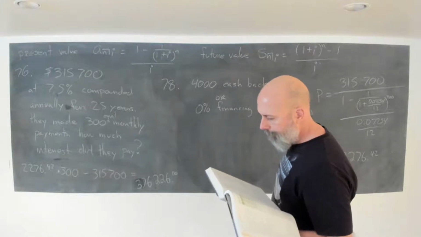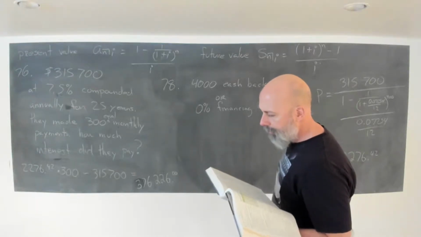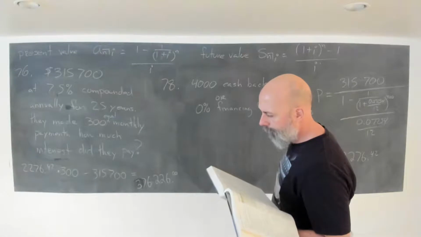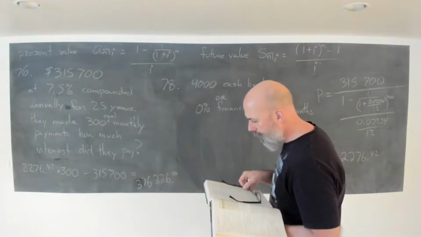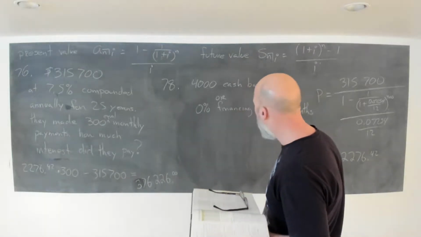So, a few questions here. Determine the payments on a Chevrolet Silverado if the buyer chooses 0% financing and needs to finance $30,000 for 72 months.